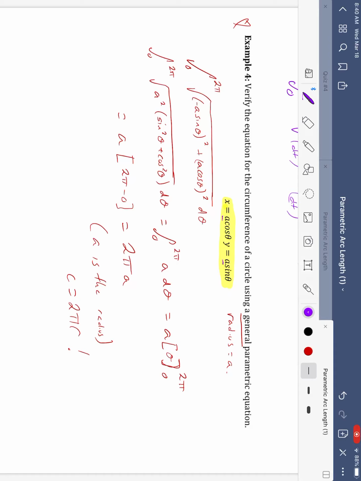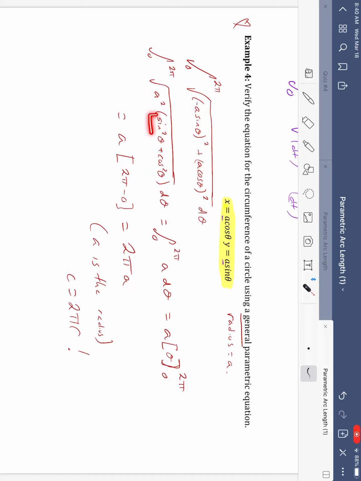All right, so it's general, meaning I'm not using a specific radius, so don't do it for like a 4. You want it to be A, so A is just a letter. So I set it up. I got my integral of the square root of the derivative of x squared plus derivative of y squared. I'm distributing the square here to both things. I then factored out the a squared from both terms, so a squared sine squared plus a squared cosine squared.